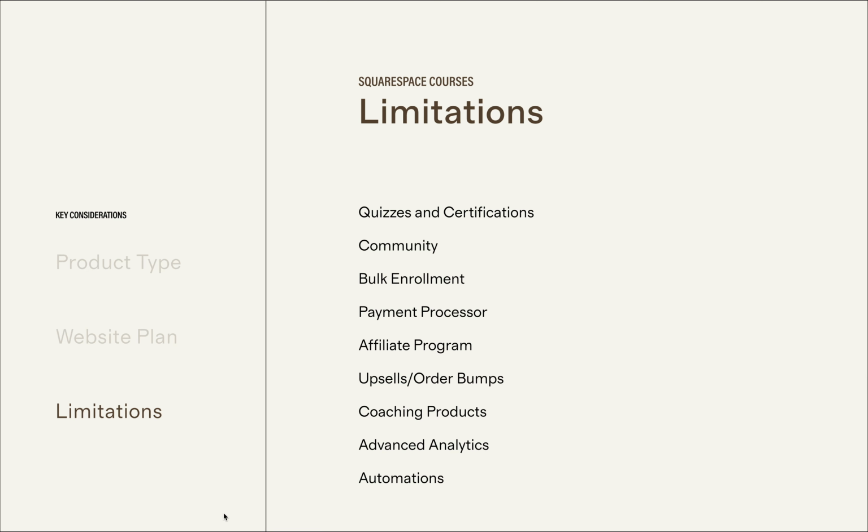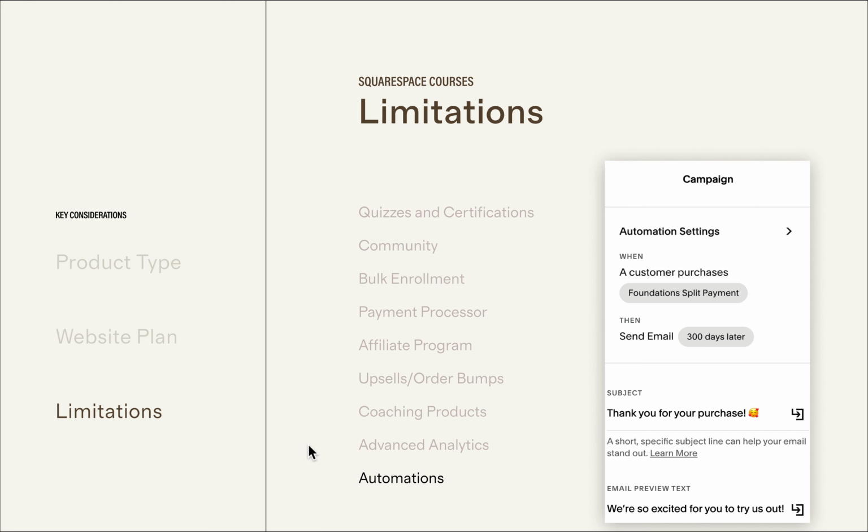In courses, we typically use automations to send a series of emails depending on the course that a student purchased. We also use it to list all students in Airtable or Google Sheet, and we also use it to automatically add students to a certain community. Currently, Squarespace's automations is quite limited. We have an option to send a series of emails using their own Squarespace email campaigns.